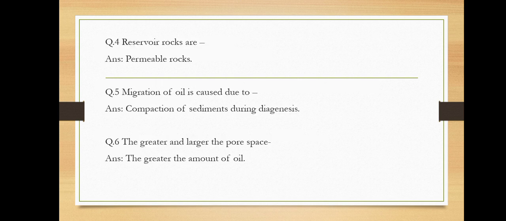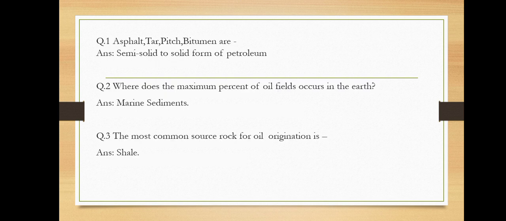Even though their porosity is high, their interconnection is very low, which makes a barrier for the oil to migrate to other adjacent rocks. This is the reason why source rocks are mainly fine grained sedimentary rocks, and shale is one of the most common source rocks for oil origination.